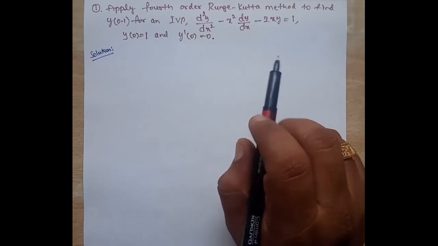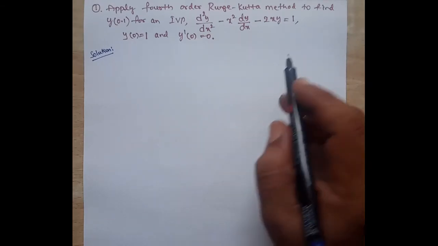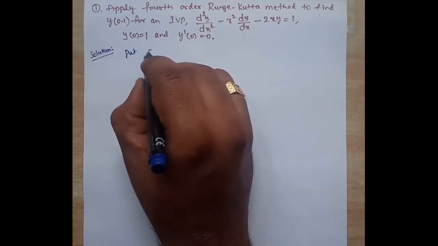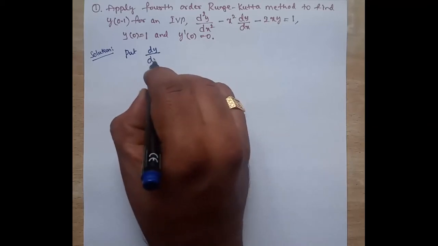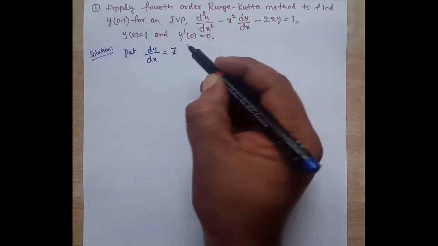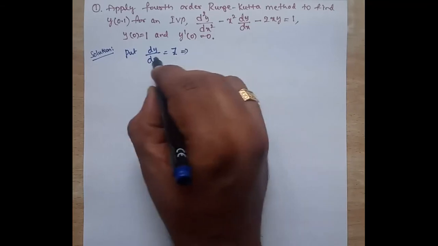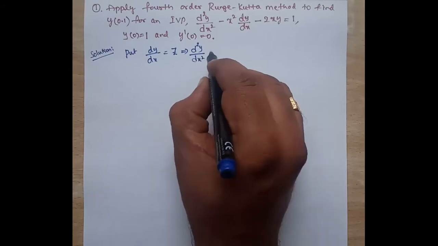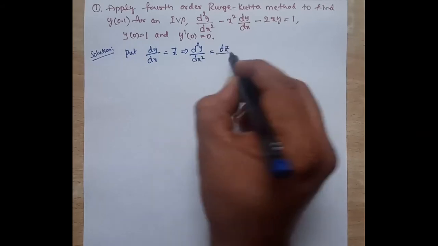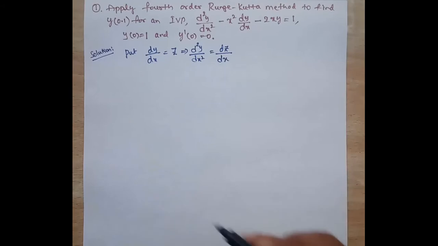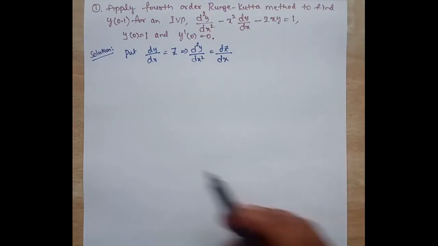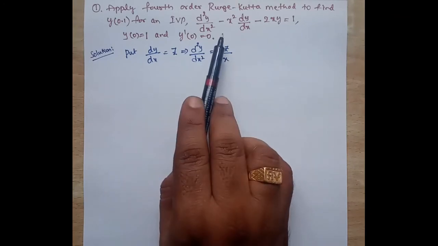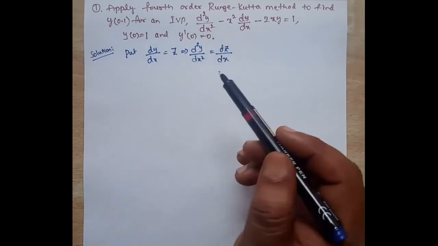To reduce this, we have a substitution. Put dy by dx is equal to z. That implies, if I differentiate this, we get d square y by dx square is equal to dz by dx. Right? So this is the common substitution we are going to use to reduce the second order differential equation to first order form.